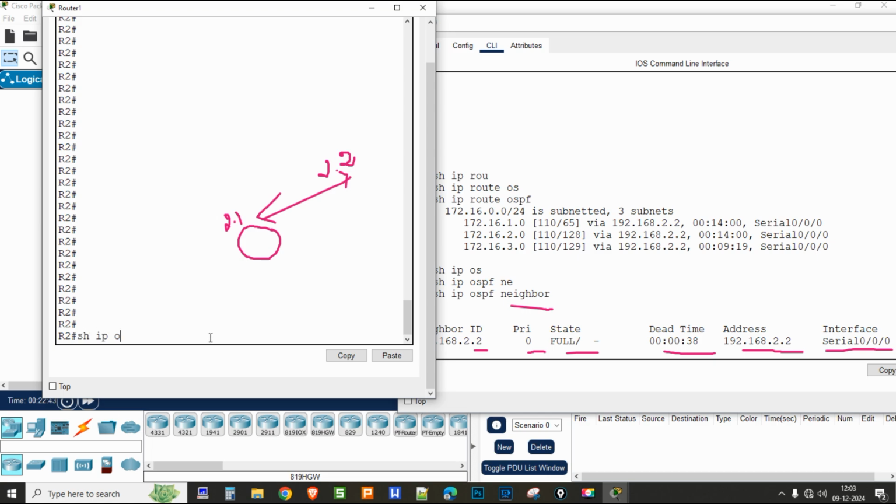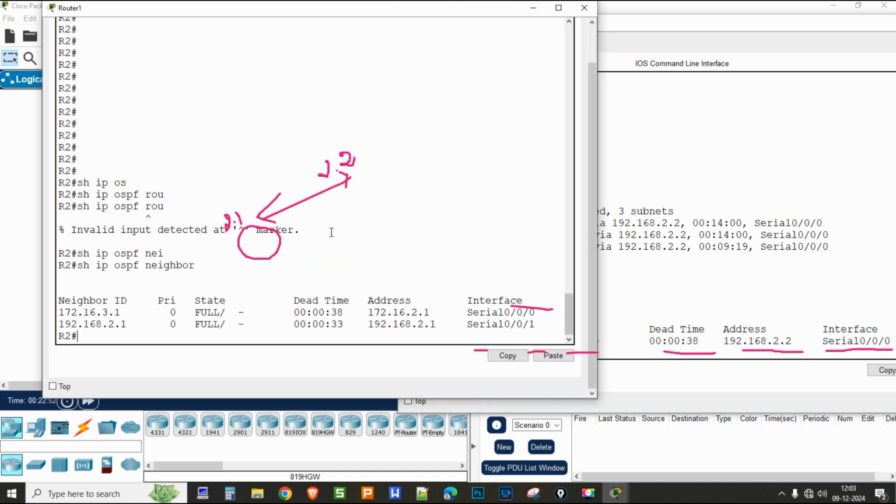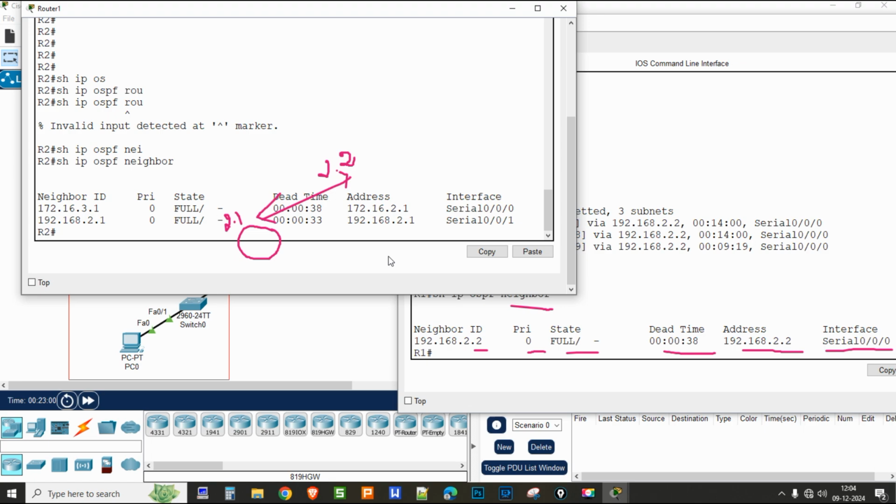Show IP OSPF neighbor. Here you can see 2.1. So 2.1 is the neighbor router, for this router.